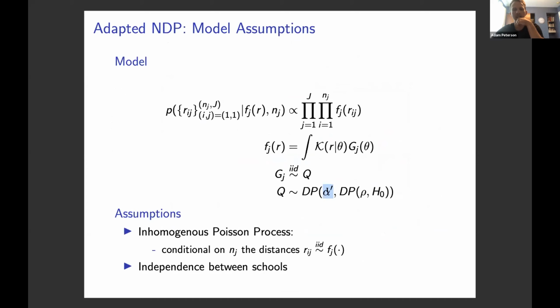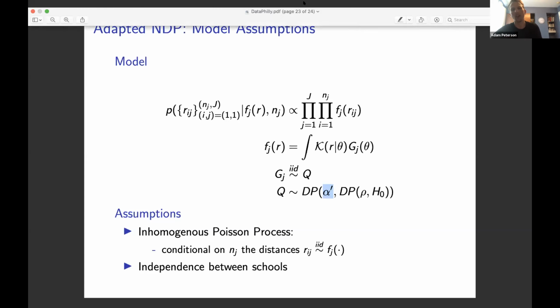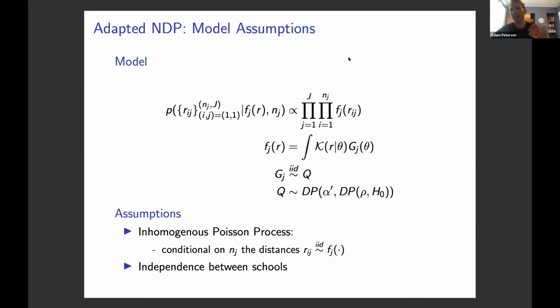Alpha prime is a scalar that basically describes more or less how many clusters you need to appropriately fit this data. You can estimate that parameter, and that's how you estimate the correct number of clusters. So it is part of the nested Dirichlet process, part of the model fitting for the prior.